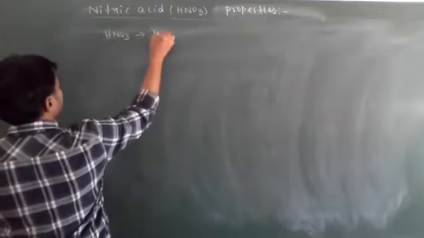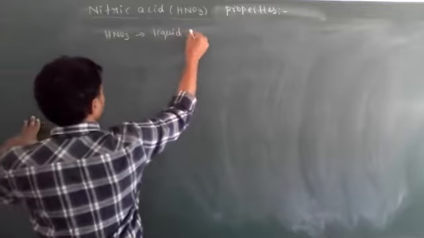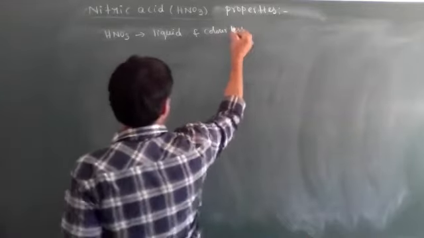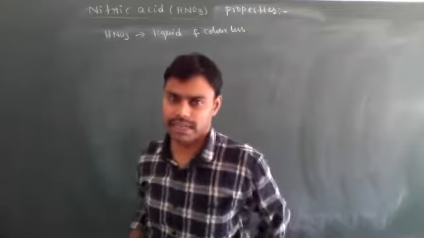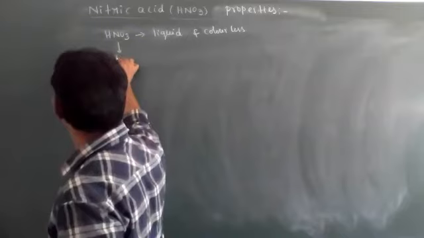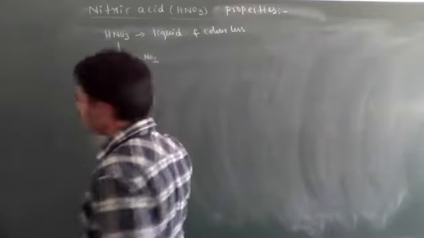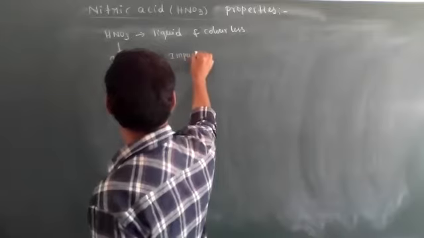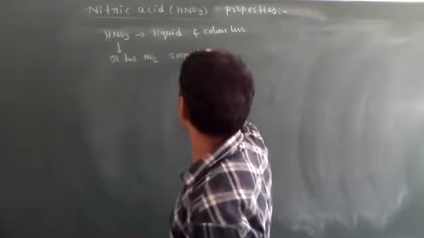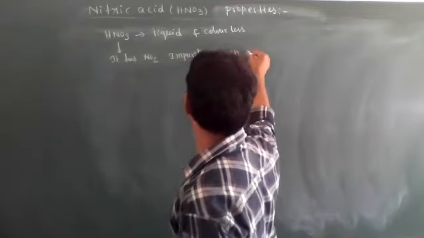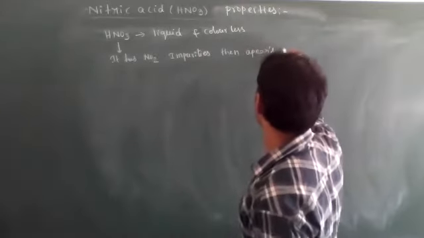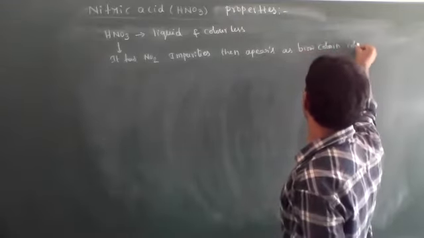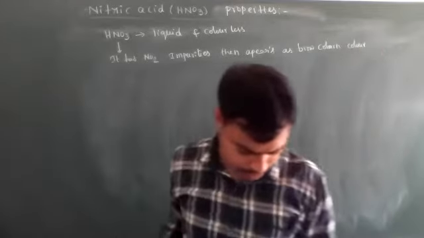HNO3 is a colorless liquid. It is very clear, but it has NO2, nitrogen dioxide gas, as an impurity. Then it appears as a yellow color.